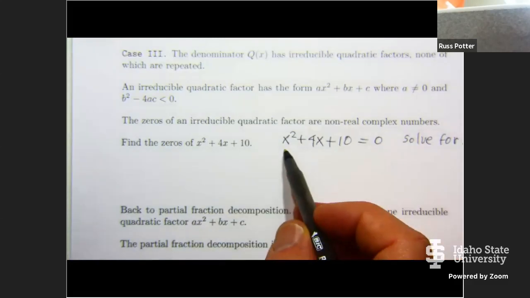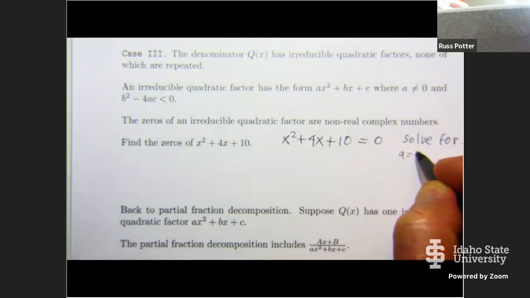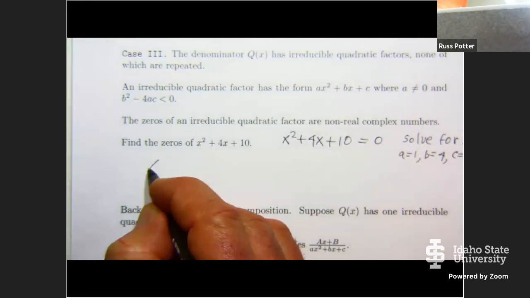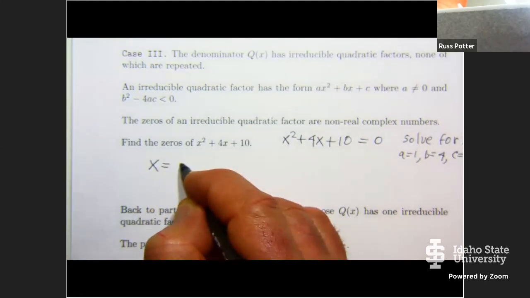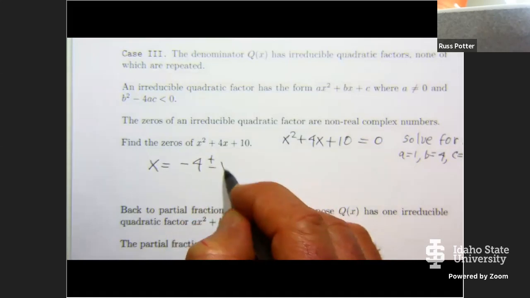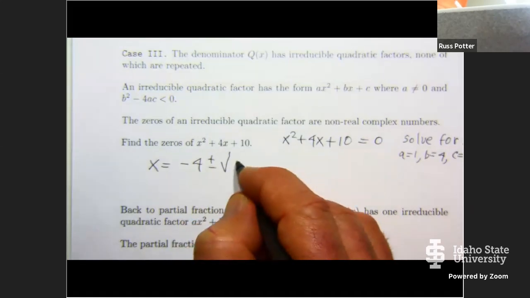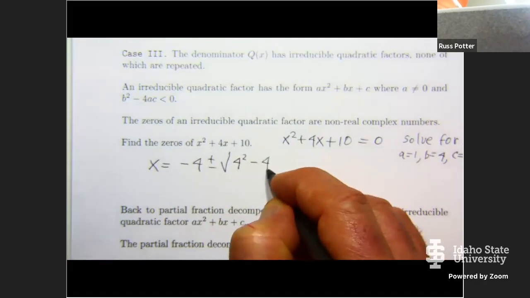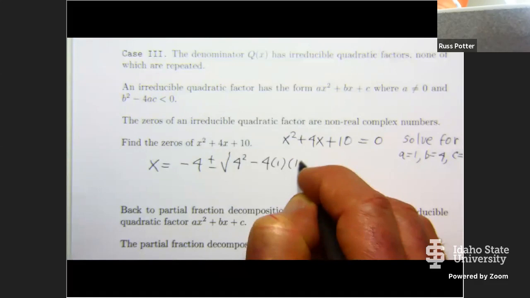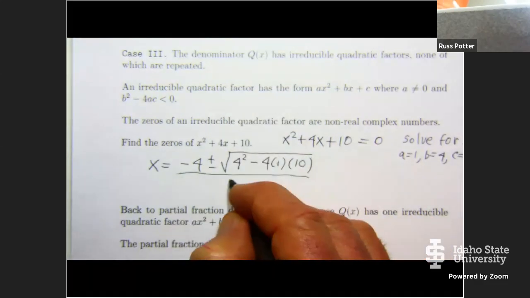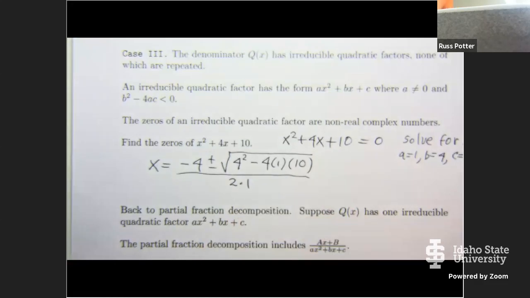If we use the quadratic formula, a is 1, b is 4, and c is 10. So we write x equals negative b, which is negative 4, plus and minus the square root of b squared minus 4 times a times c, all divided by 2 times a, or 2 times 1 in this case.